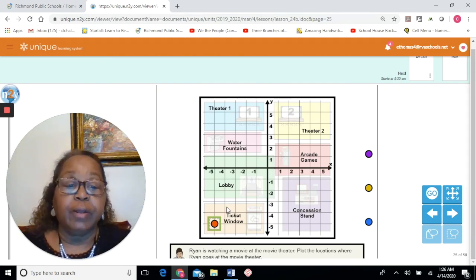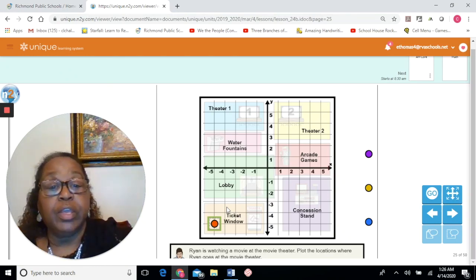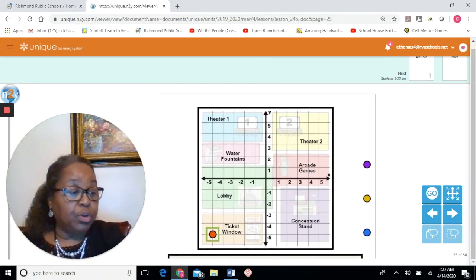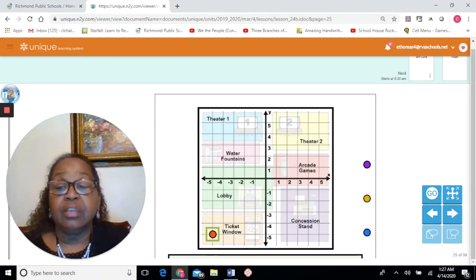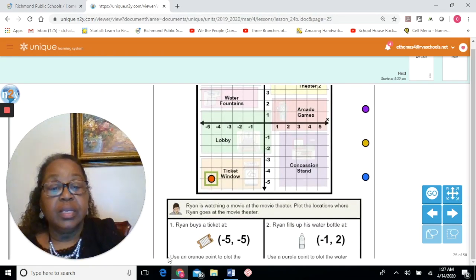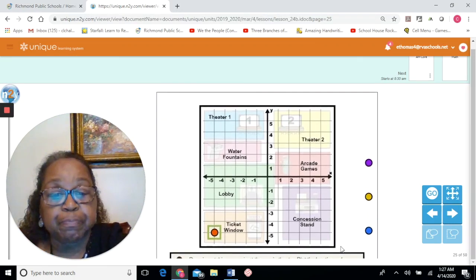Let's try another one. The second one, I'm going to read it from here, and that way we don't have to keep moving this back and forth. But the next ordered pair is -1, comma 2. So I'll let you see that. -1, comma, +2. The first number is for the x-axis and the second number is for the y-axis in our ordered pair.